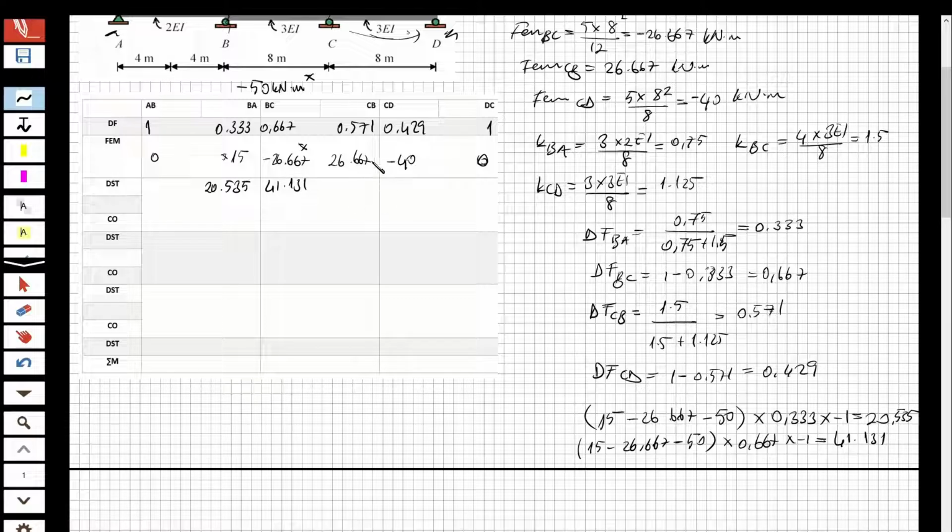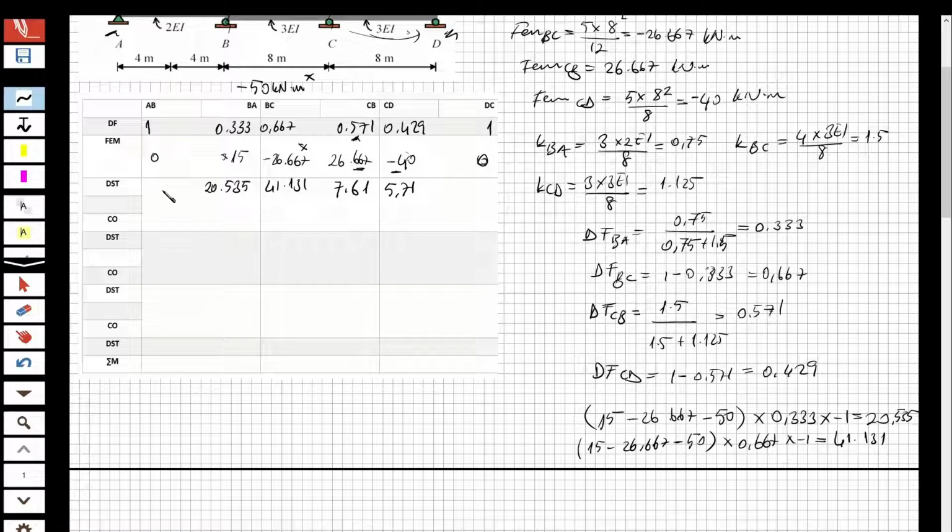And this one, we will also take the summation of both moments, multiply it with its own distribution factor and multiply it minus 1, and we are going to write it here as 7.61, okay? And this will be 5.71.